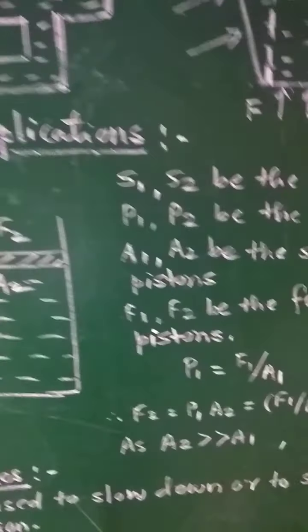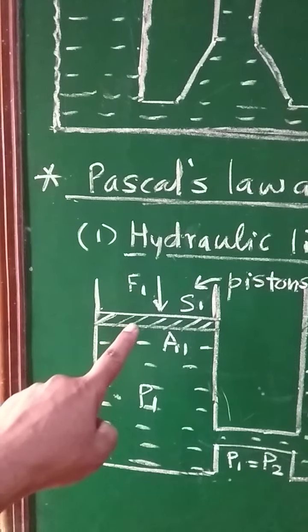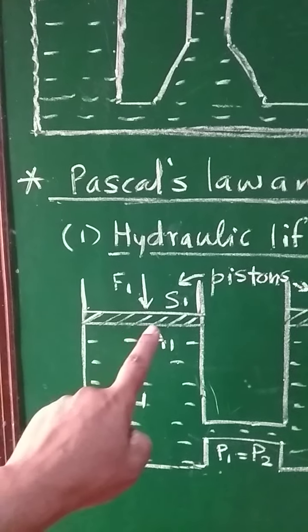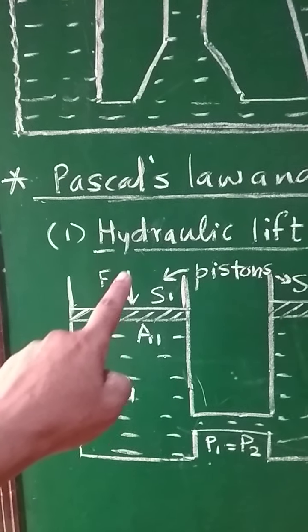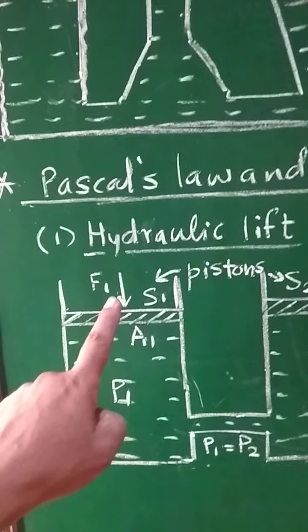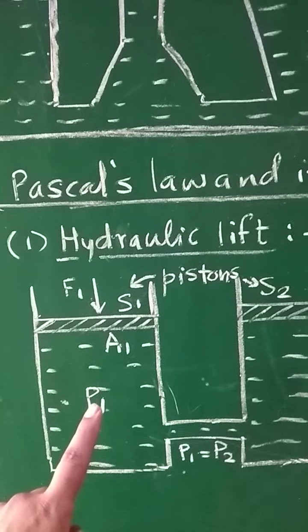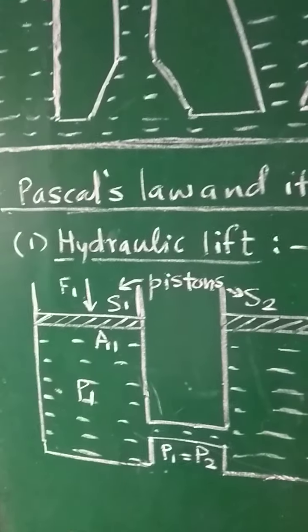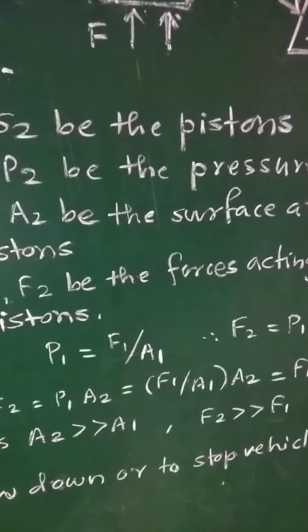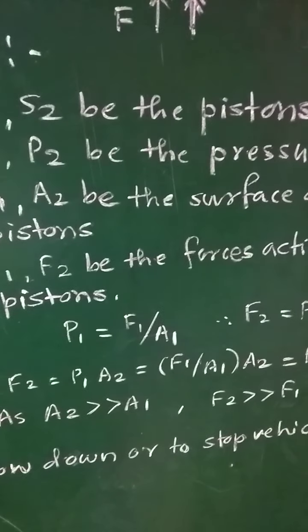Then if you consider the first vessel, in this case force F1 is acting on the piston S1, that is, S1 is pushed in the downward direction with force F1 mechanically. At that time the pressure created is P1, and therefore here we can write P1 is equal to F1 upon A1, as pressure is equal to force per unit area.